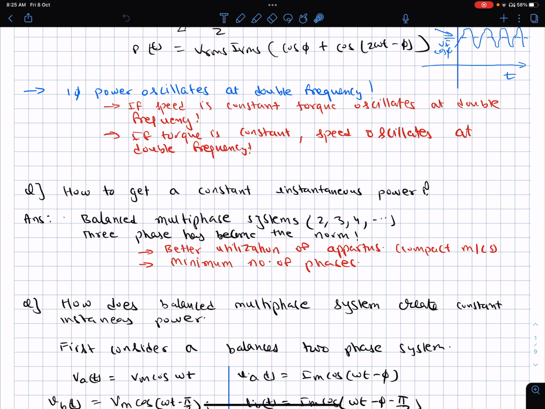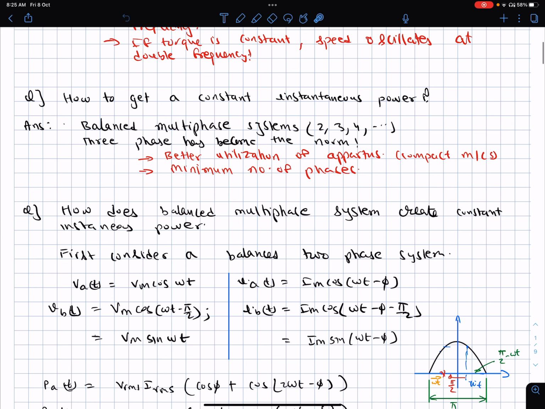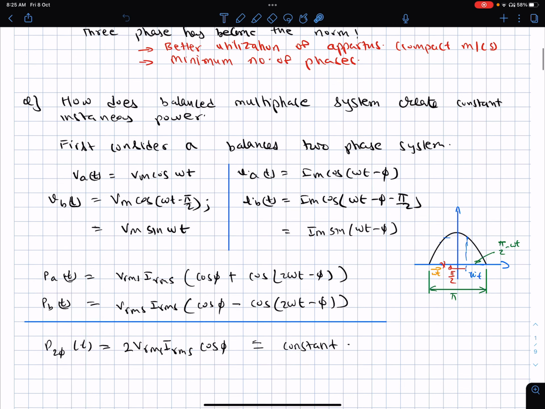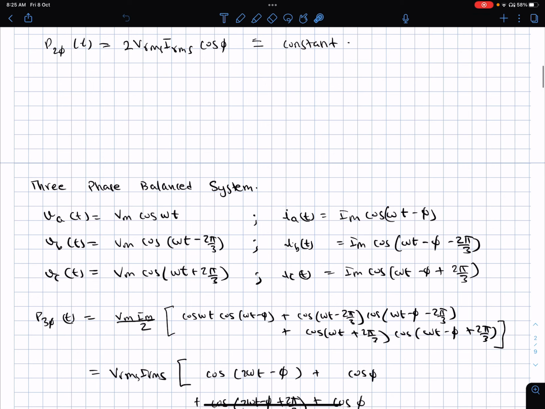So whatever is the induced EMF that is seen in phase A, the same is seen in phase B with a lag of 120 degrees, and then subsequently in phase C with a further lag of 120 degrees or a lead of 240 degrees.